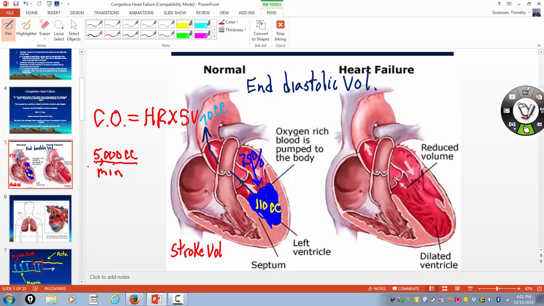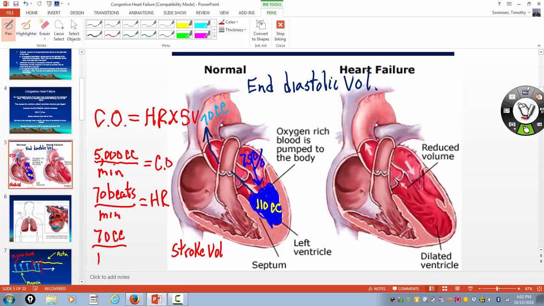That's cardiac output. What's your normal heart rate? Your heart rate is 70 beats per minute. That's heart rate, the number of times the left ventricle contracts. How much blood is ejected with each beat of the heart? Well, that's 70 cc's per beat.